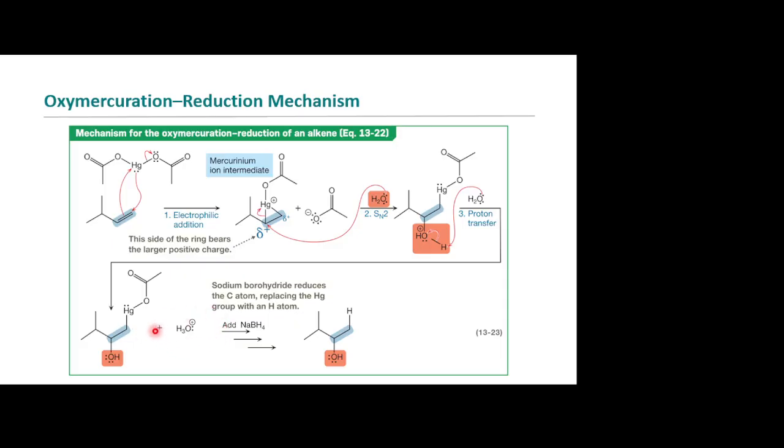And so it's going to attack here in a reaction similar to an SN2 style. It is not a direct one step right here, but you don't really need to know all those steps. It's not that important. And so we're going to skip them for now and put a bookmark there, okay? The important part is you're going to get the hydrogen here, and this is going to leave.